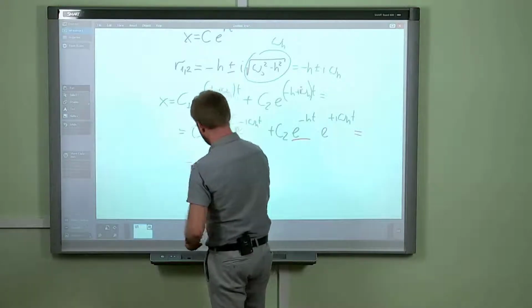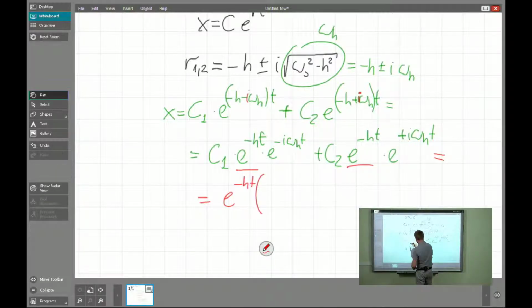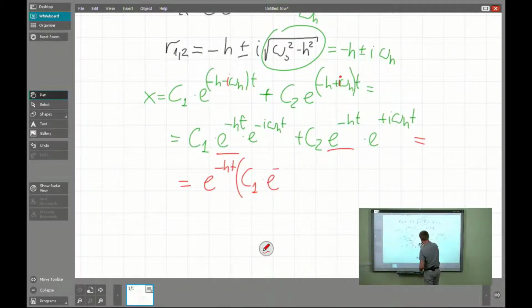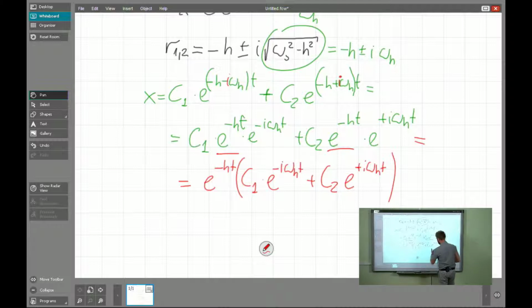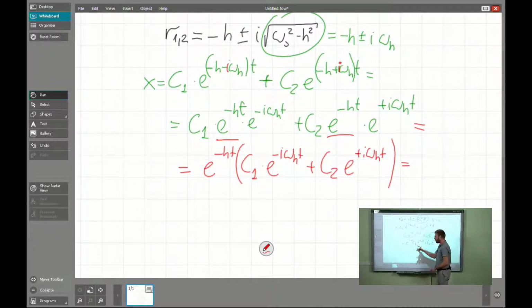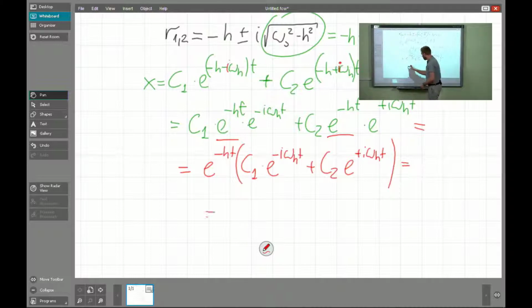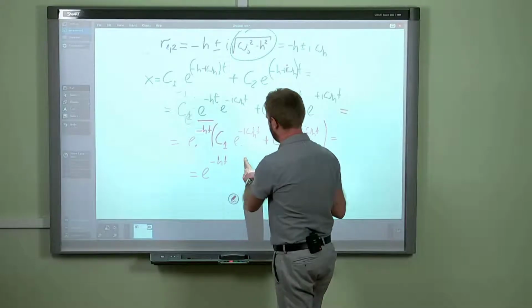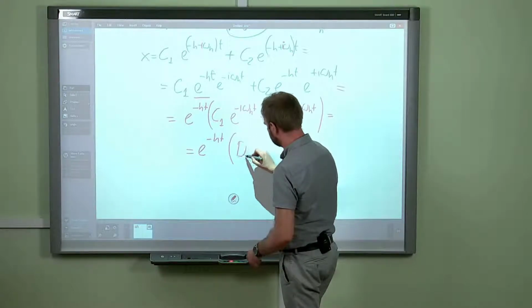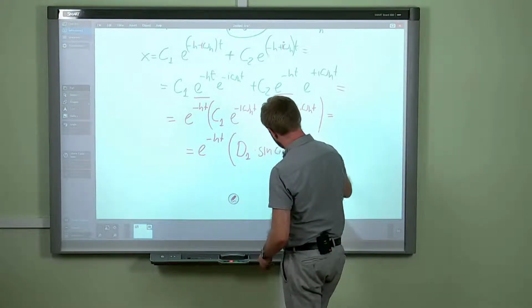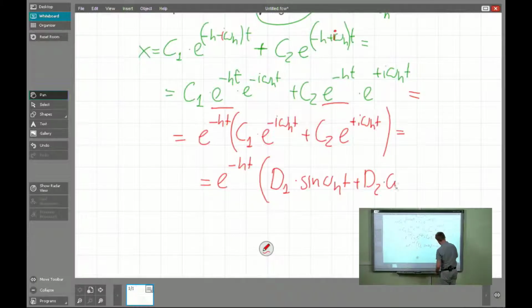From our previous videos, we remember that if we have C1 times the exponential function of minus i omega h t plus another exponential function of plus i omega h t, then due to the Euler formulas we are able to rearrange that into a linear combination of sine and cosine components: some d1 times sine omega h t plus d2 times cosine omega h t.